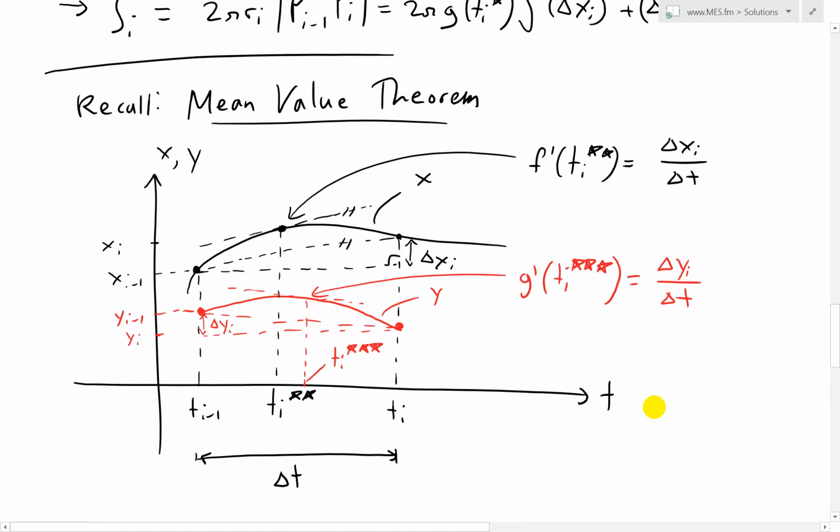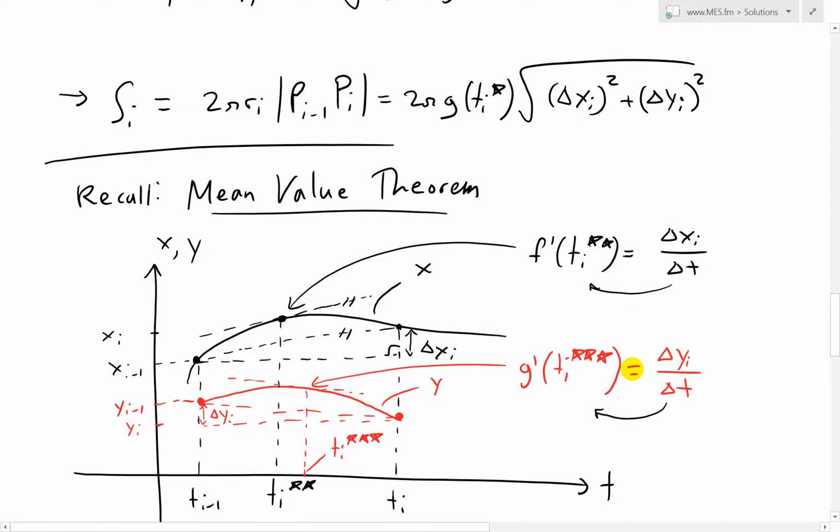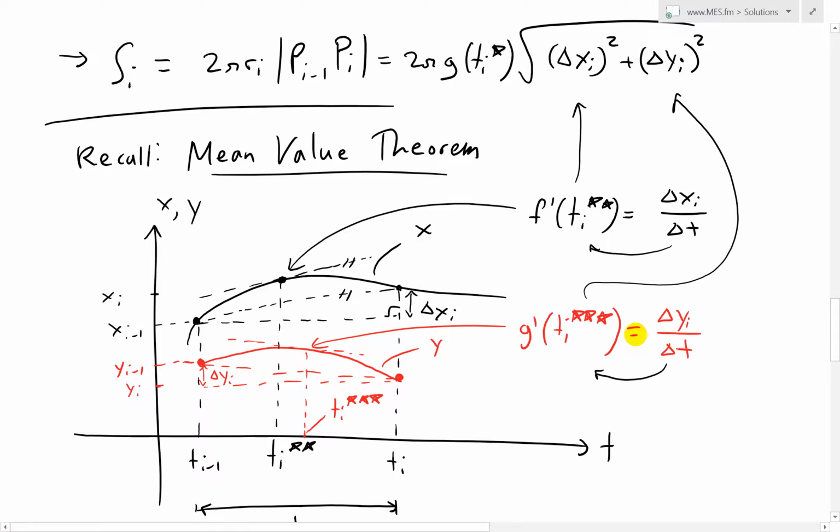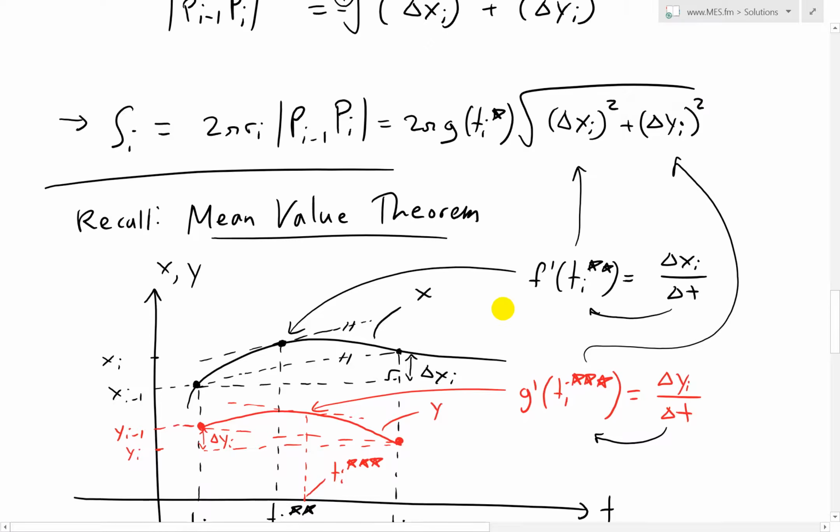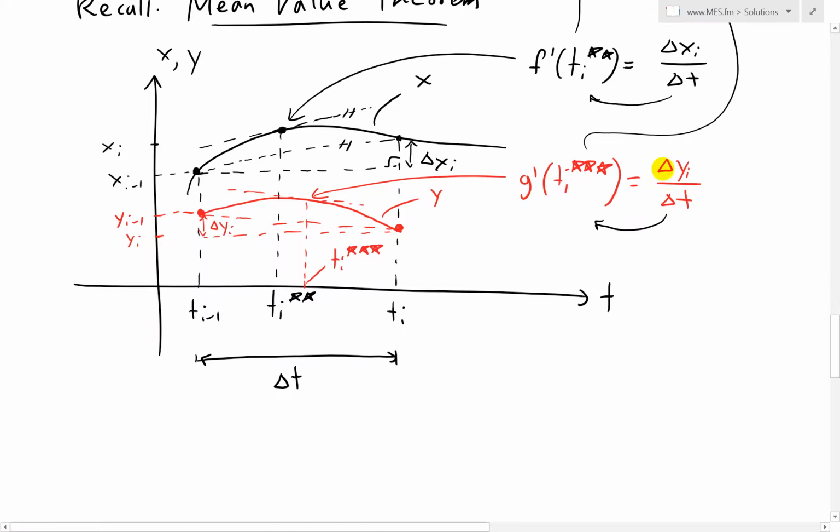So what this means is we can move this over to the other side, as well as this, and then throw this inside, so then we have delta t and then f prime ti double star, and then throw this inside there, and this goes over there. So we have everything in terms of ti, even though there's ti star, ti double star, and ti triple star.